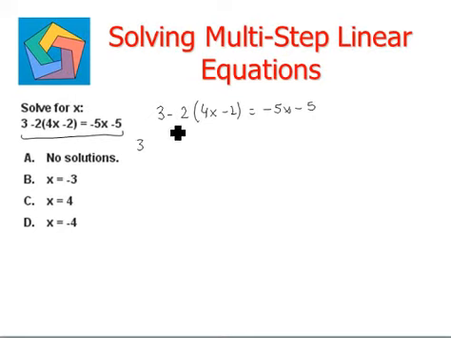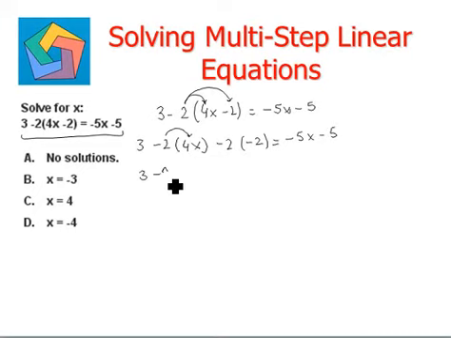3. Now we multiply negative 2 times 4x, then negative 2 is to be multiplied by negative 2, equals negative 5x minus 5. Negative 2 times 4x is negative 8x.